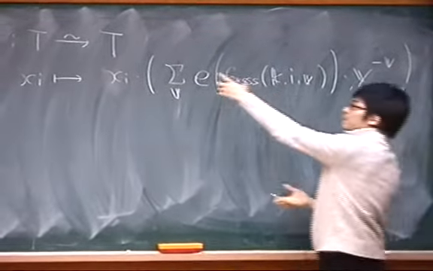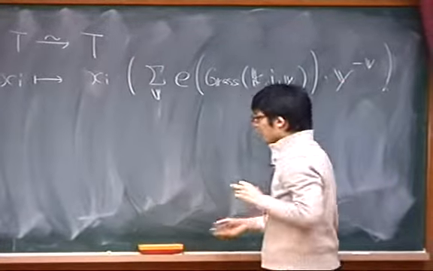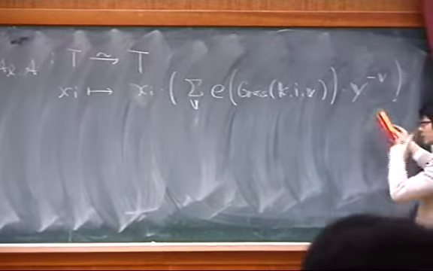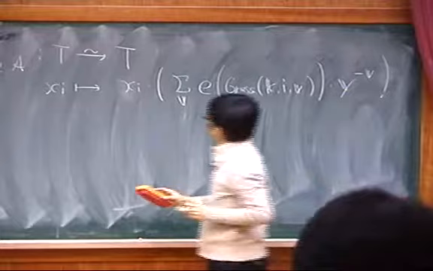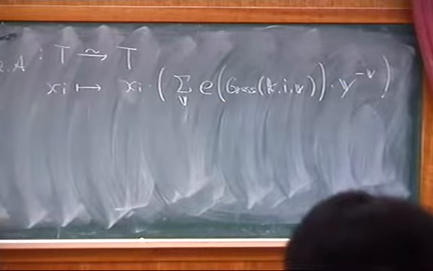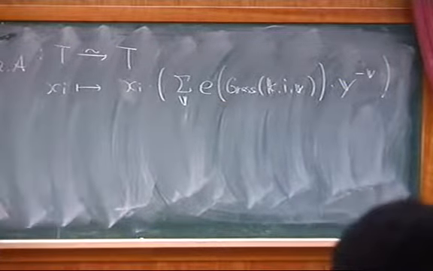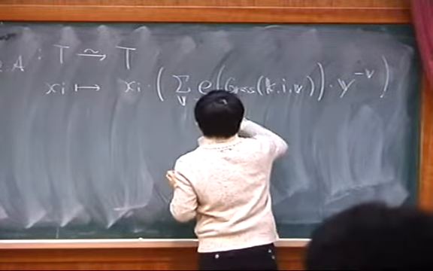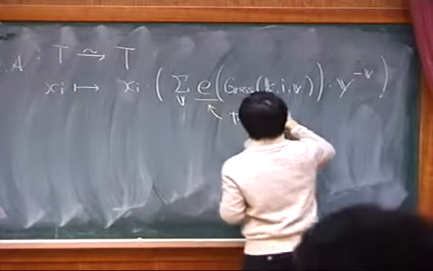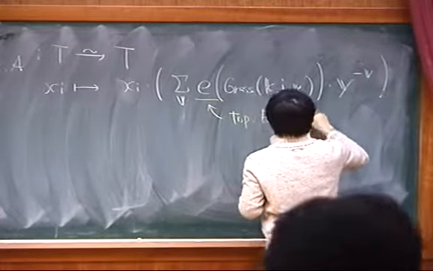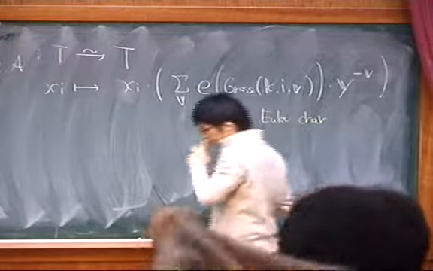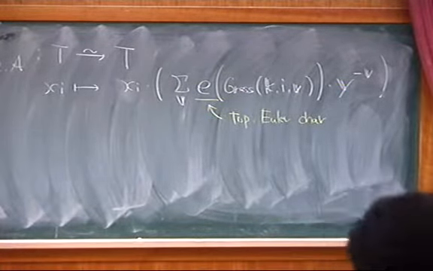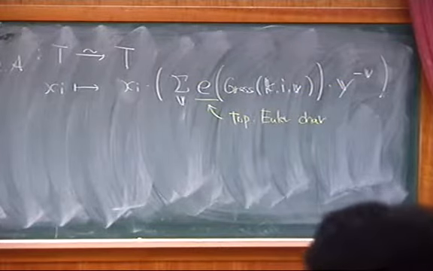So as before, T is a polynomial ring in X, and Y is given explicitly. And here is the Euler characteristic, the topological Euler characteristic. Actually, in this case, we don't have to take virtual counting because the Behrend function is 1.